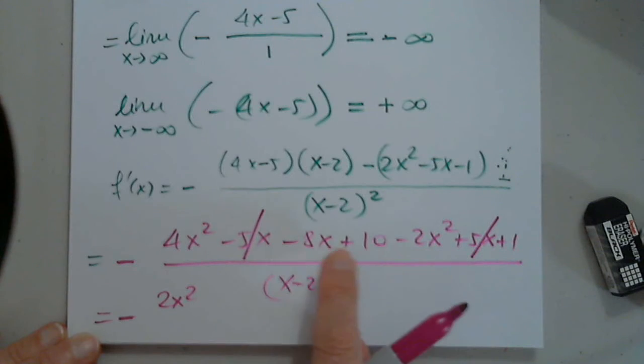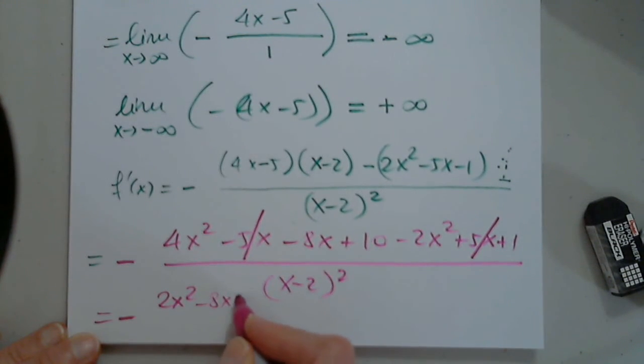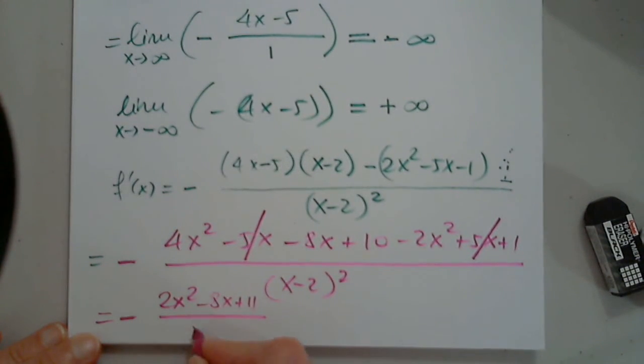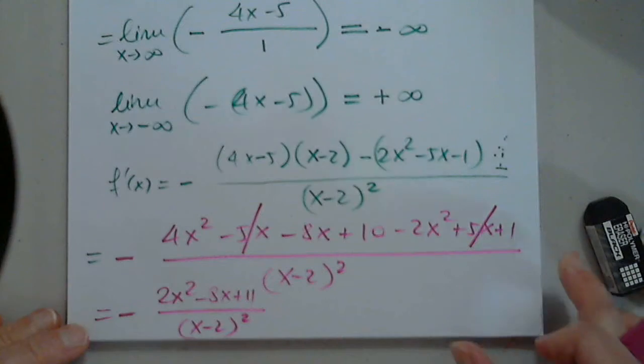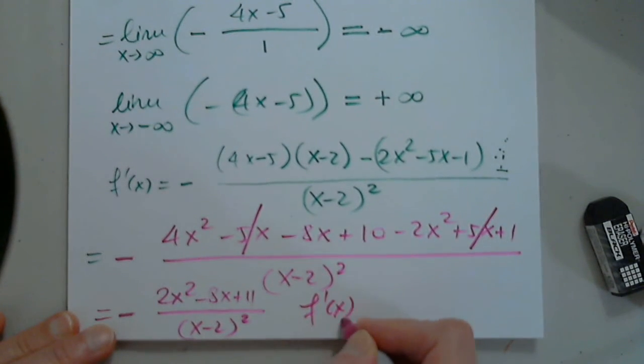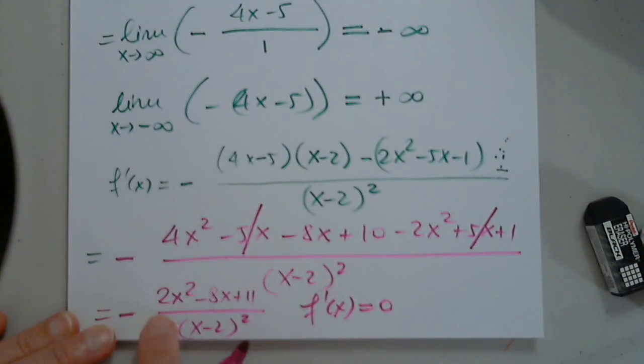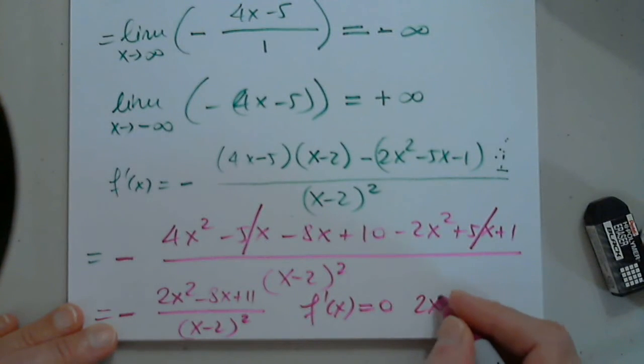Two x squared minus 8x plus 11. Awful, awful. Okay, so I don't know what this is.